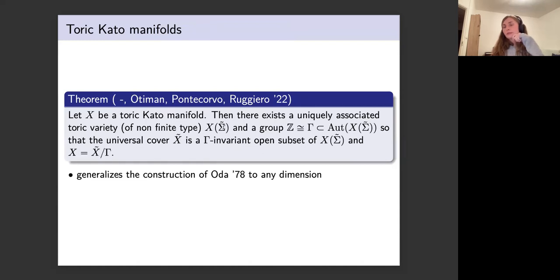It will have infinitely many cones, everything else is the same, but there will be infinitely many cones corresponding to infinitely many affine charts. I mean, not necessarily infinitely, but it can be infinitely. This is the non-finite type part.